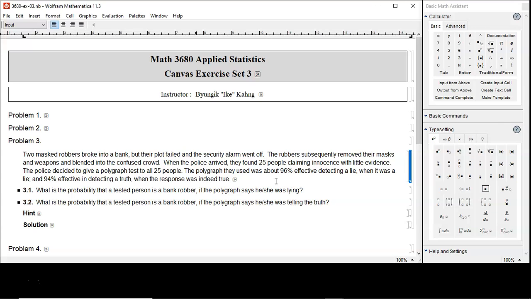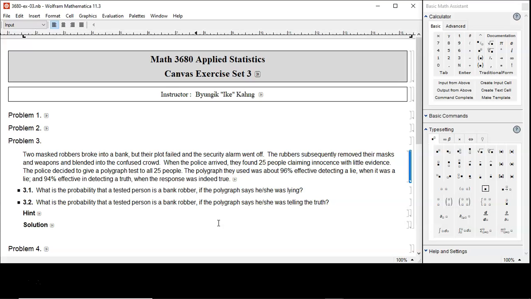So 96% sensitivity and 94% specificity. So 6% are false positive and 4% are false negative, basically. With these, you have to answer this question. And if you do that, you're going to understand why polygraph tests are not accepted in a court of law, with a mathematical explanation.